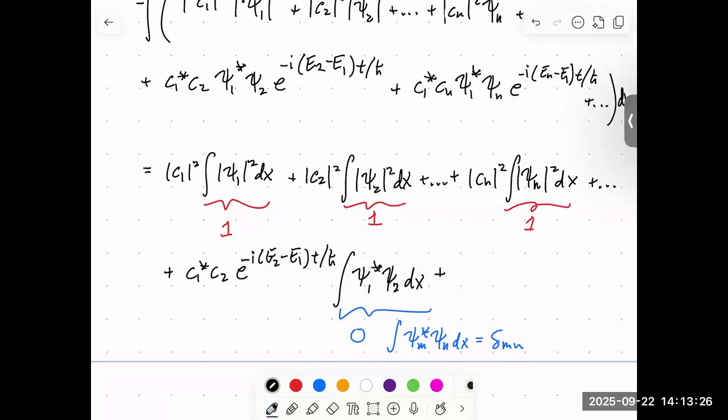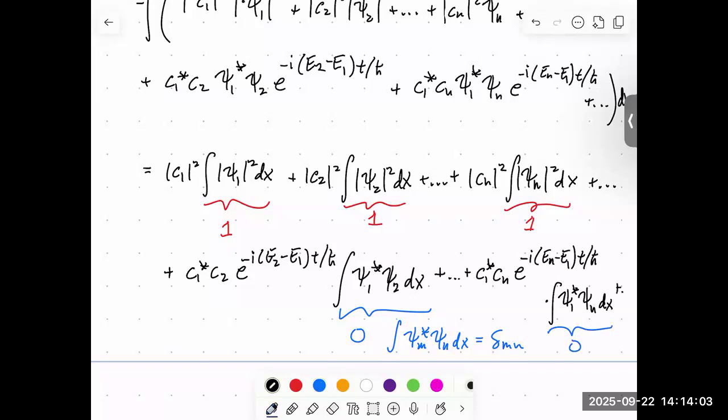Okay, let's just do the second cross term that we wrote down. We have a C1, plus and so on until we get to the C1 star Cn, then we get e to the minus i (En minus E1) t over h bar. And I have to sneak in here the integral of psi 1 star psi n dx. That again is going to be 0.